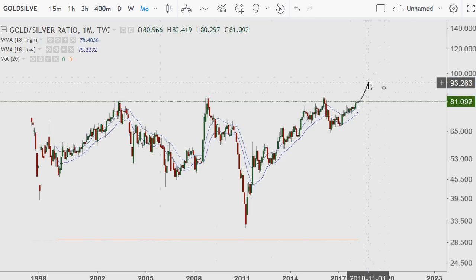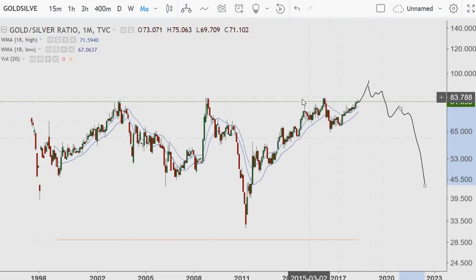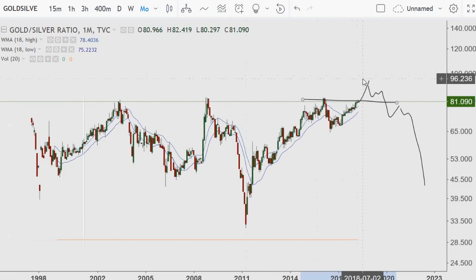And it wouldn't surprise me if it would create maybe something later on in that area. But basically what I'm referring to is it'd be very interesting if the gold to silver ratio was able to create a failed breakout higher, and then what would result in a fast move in the opposite direction as well.